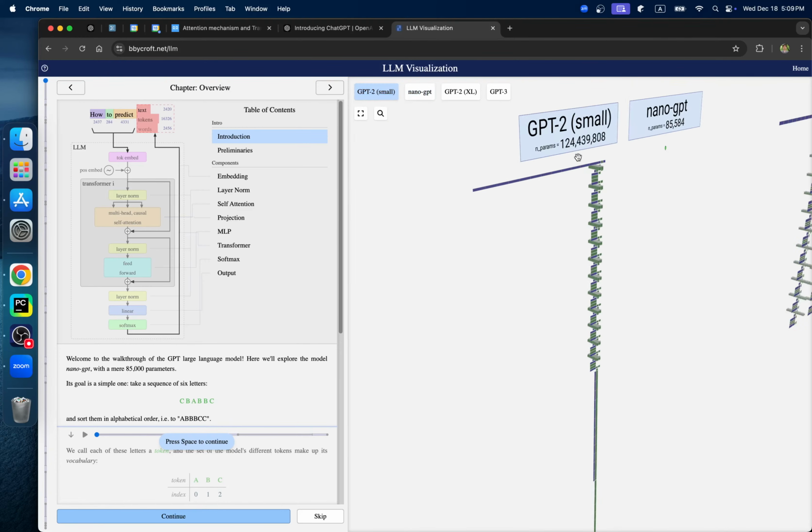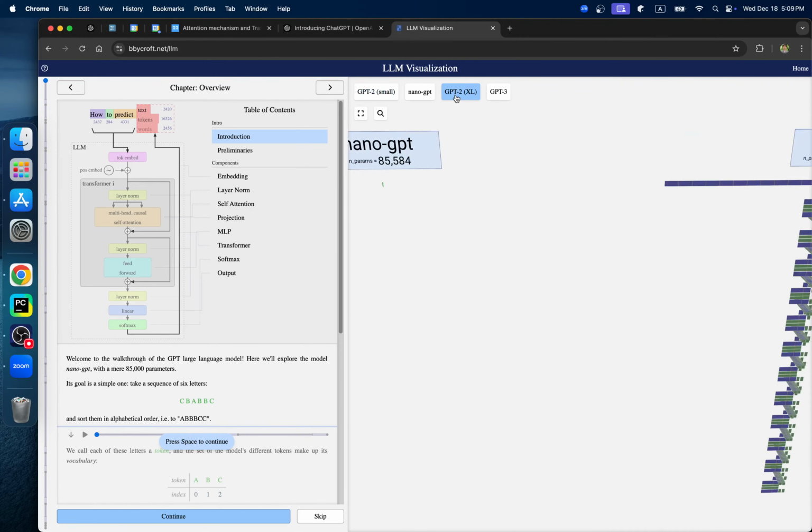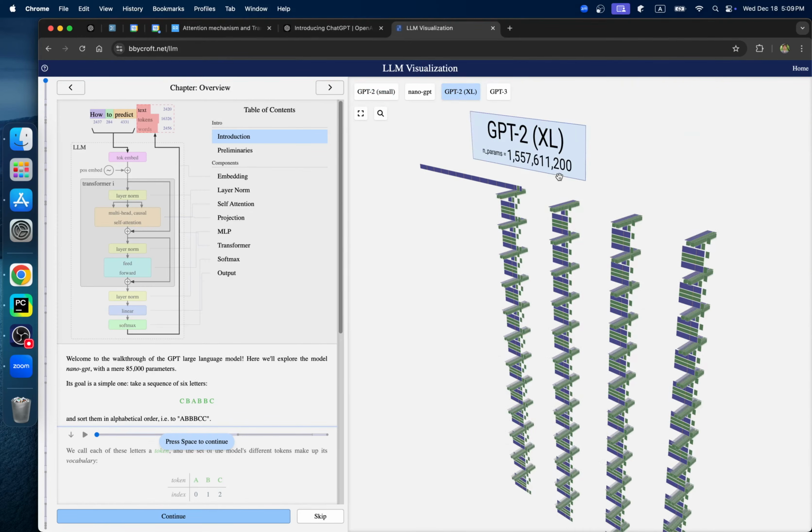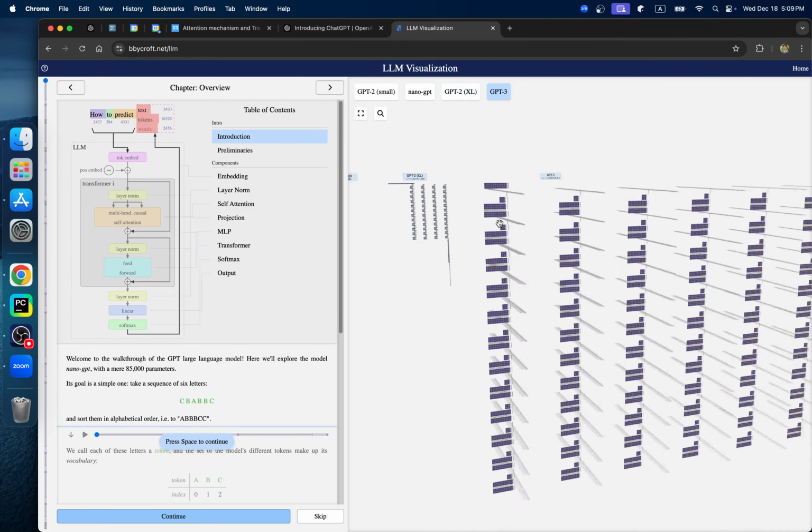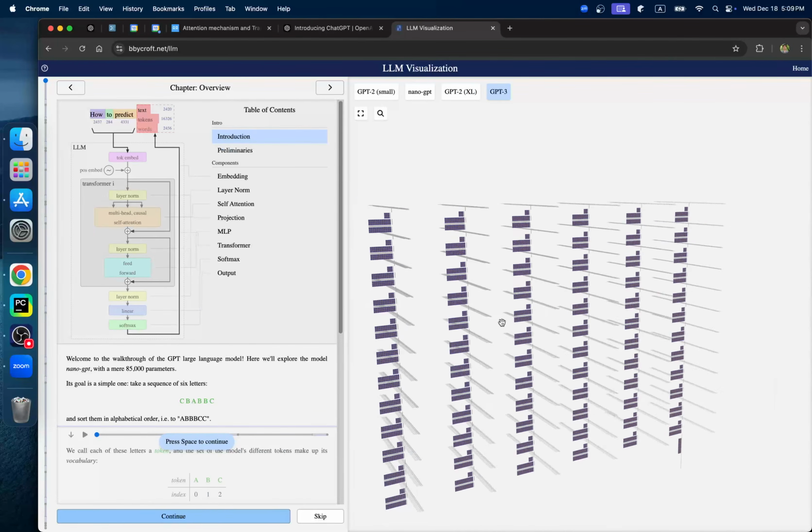The GPT-2, you see 124 million, and then the GPT-2 large variant, you see 1.5 billion parameters here, and this is GPT-3.